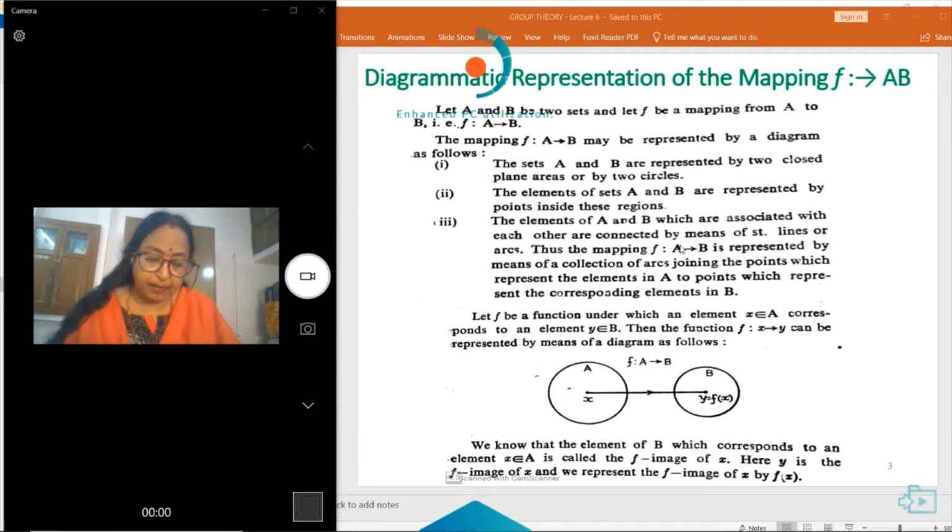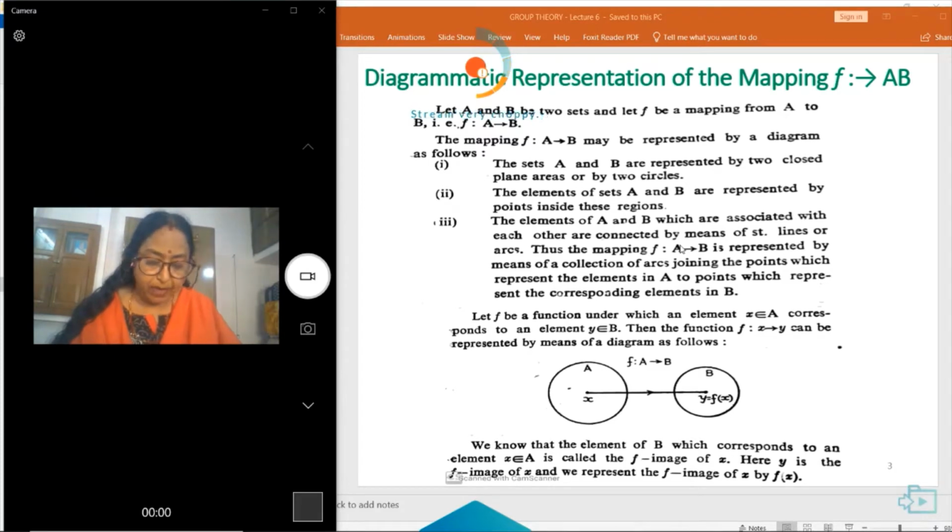Number one, the sets A and B are represented by two closed plane areas or by two circles. Number two, the elements of the sets A and B are represented by points inside these regions. Number three, the elements of A and B which are associated with each other are connected by means of straight lines or arcs.